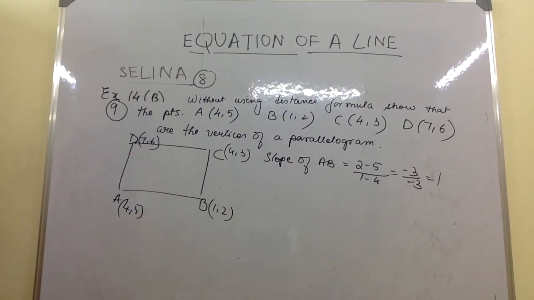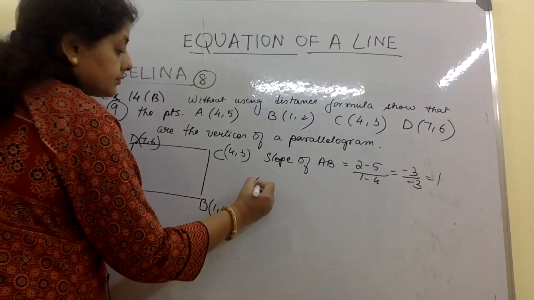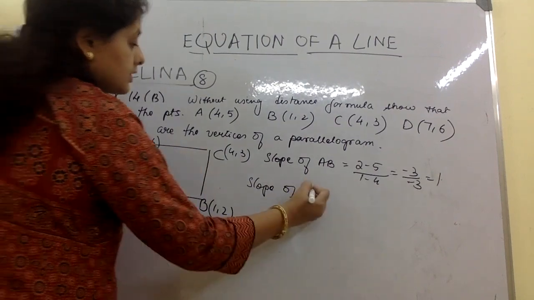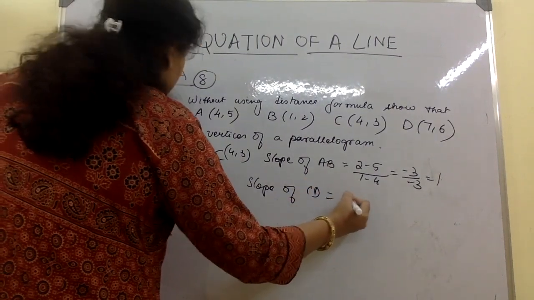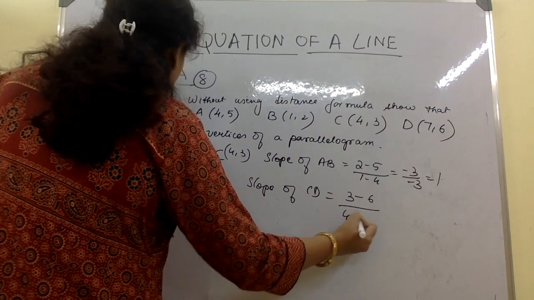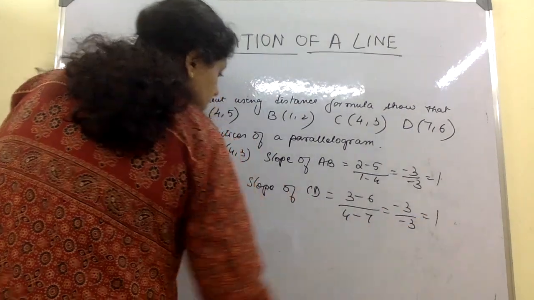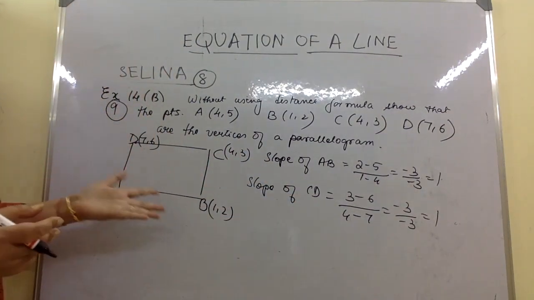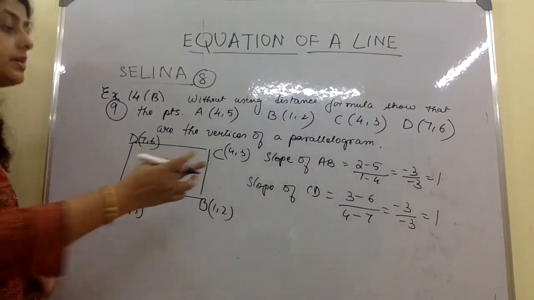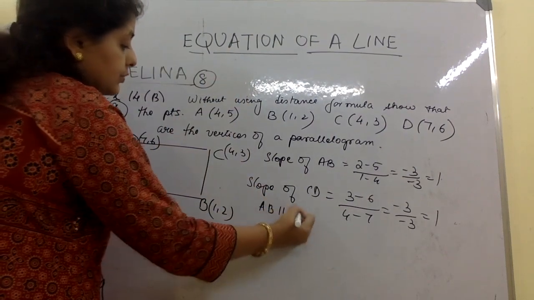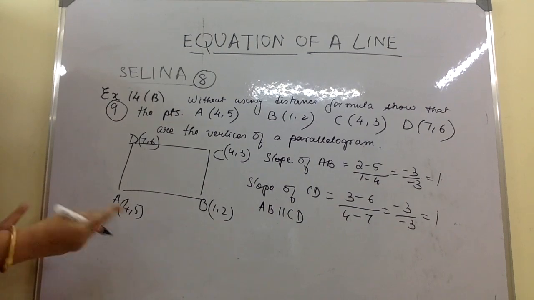Then slope of, let's say CD, I'll try first. CD is 3 minus 6 and 4 minus 7, which is minus 3 by minus 3, and that is equal to 1. I can already see AB is parallel to CD because you see their slopes are equal. So I can write AB parallel to CD. But then it can still be a trapezium.